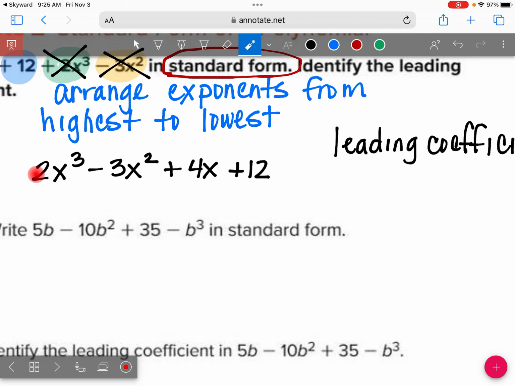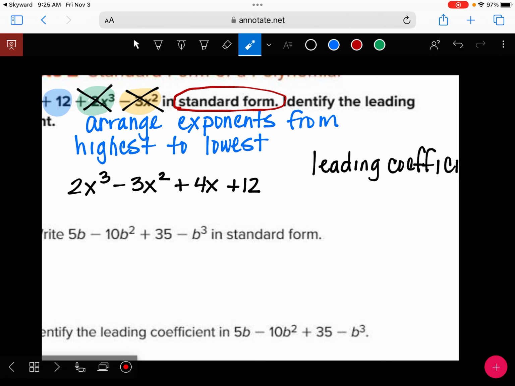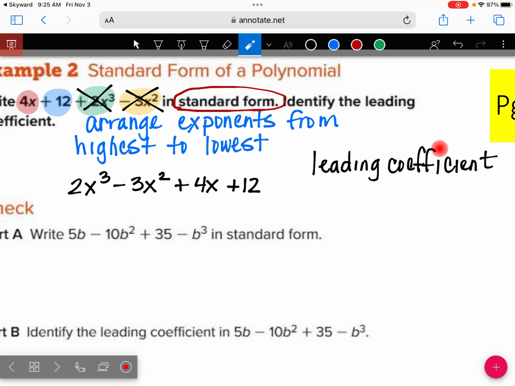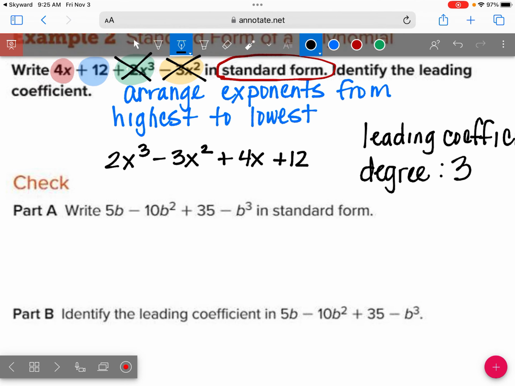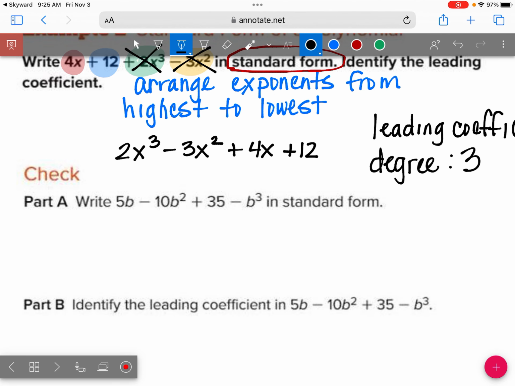And now that it's in order, the number that leads the train is 2. So this has a leading coefficient of 2. And what is your degree? The degree is your highest exponent. So what would be your degree? 3. All right, I want you to try to do part A by yourself.